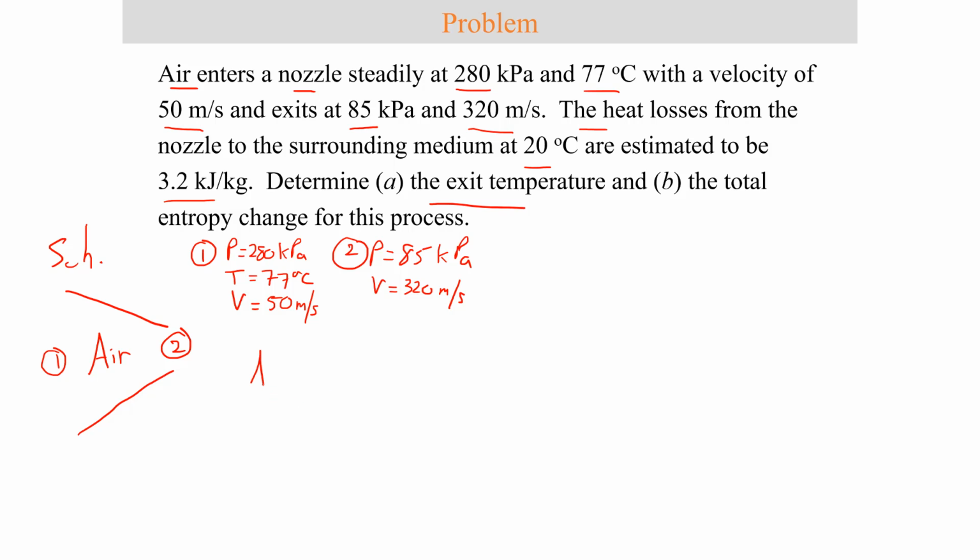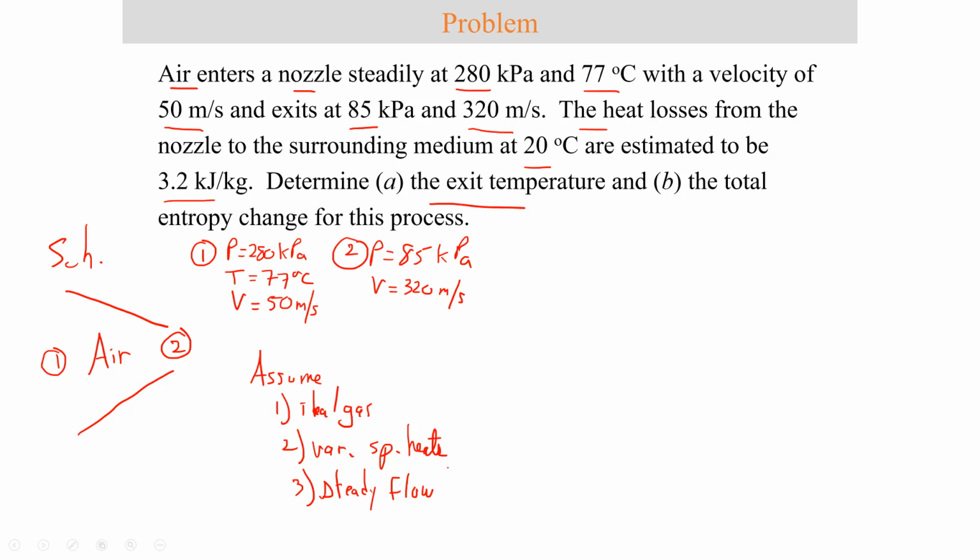We're going to go under the assumption that we have an ideal gas. And like always, when we have an ideal gas, we have to assume variable or constant specific heats. In this case, we're going to assume variable specific heats. And then we're going to assume this problem to occur at steady flow.